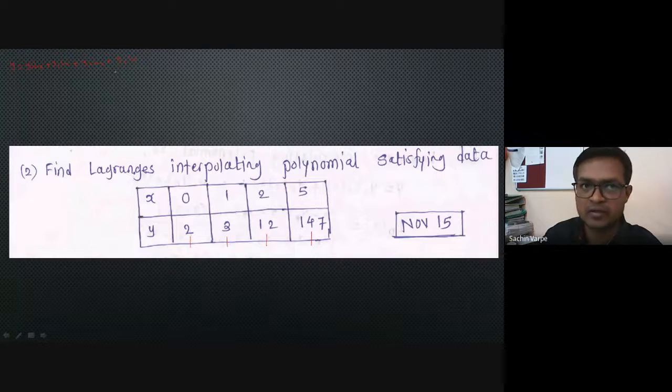That is why we are writing the polynomial up to y3. y4 is not there, no? So we have to evaluate these Lagrange's polynomials L0, L1, L2, L3.